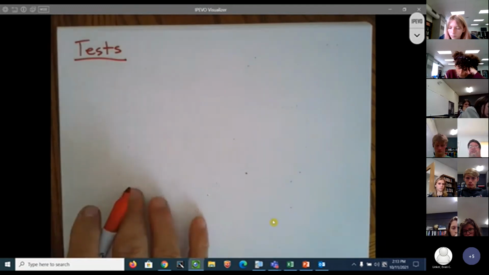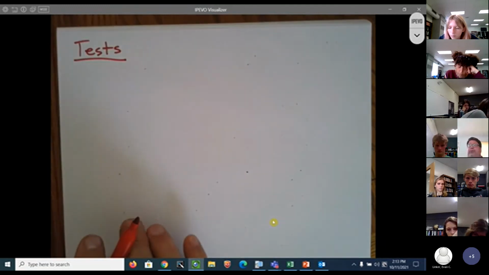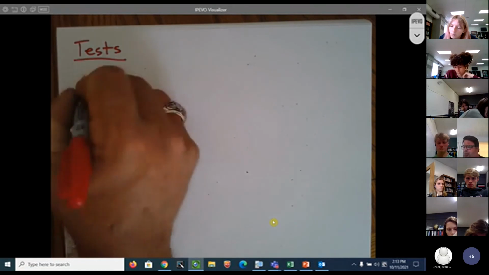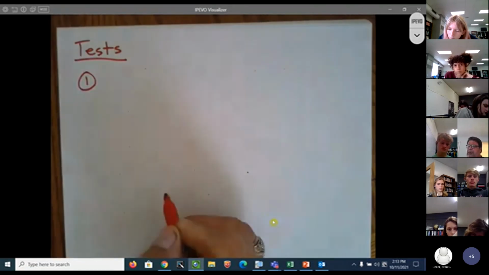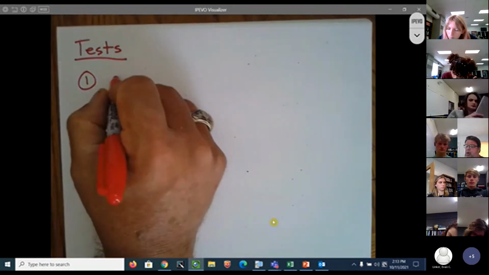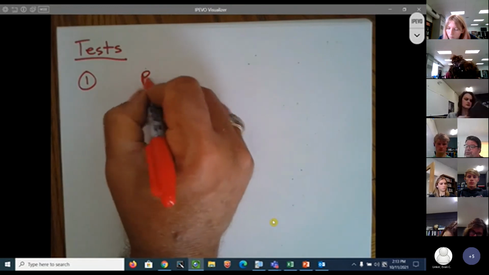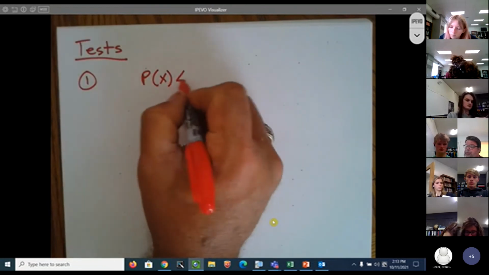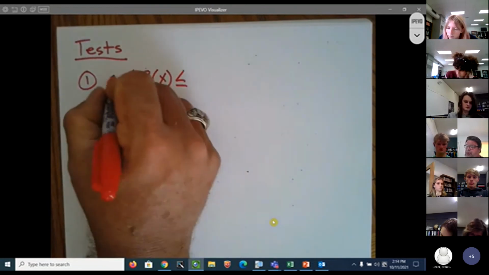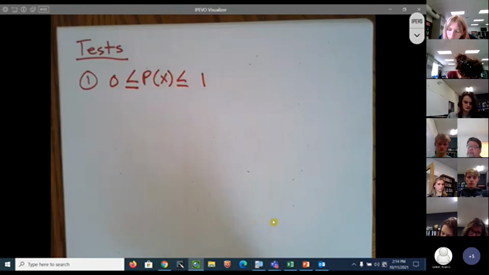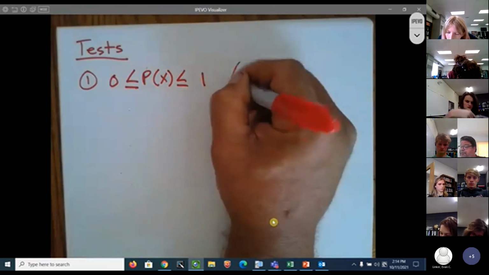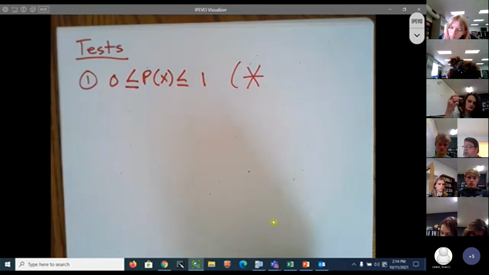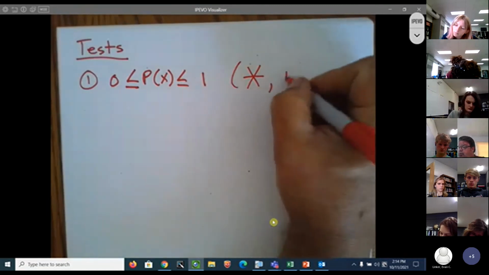Here are the two tests to see if you're dealing with a probability distribution. Number one, all of your probabilities will be between 0 and 1, meaning no negatives and no whole numbers.